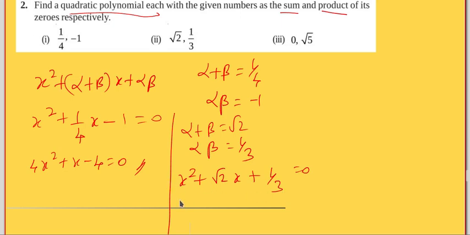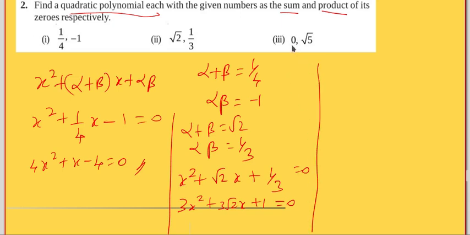So we get 3x square plus 3 root 2 x plus 1. If we bring the denominator 3 to the 0 side, 0 into 3 becomes 0, so the common denominator 3 we can leave. So this is our quadratic polynomial.